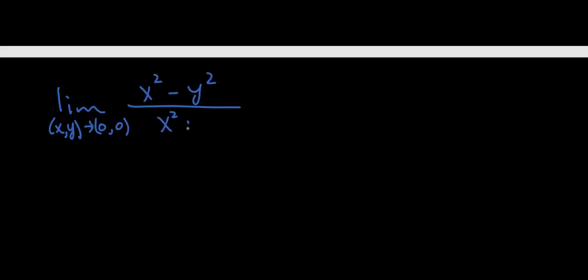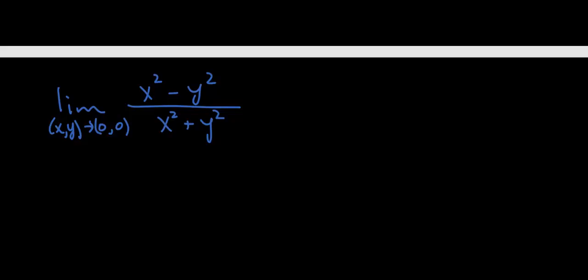So here we go. We've got the limit as (x, y) goes to (0, 0). And let's see if we can find two different paths. So here's what I mean. Let's suppose that we approach (0, 0) on the x-axis.